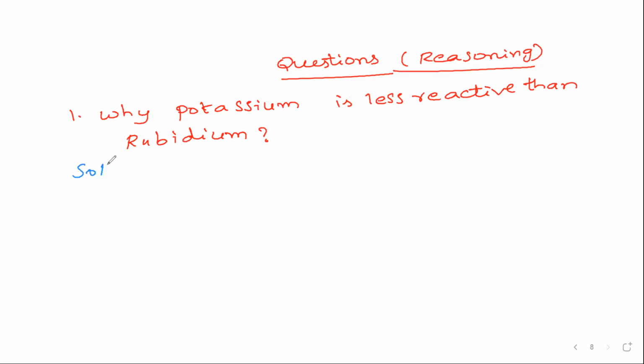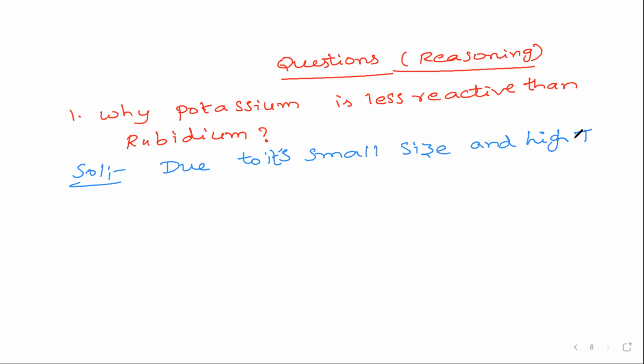So for this the solution is, due to its small size and high ionization enthalpy, potassium is less reactive than rubidium.